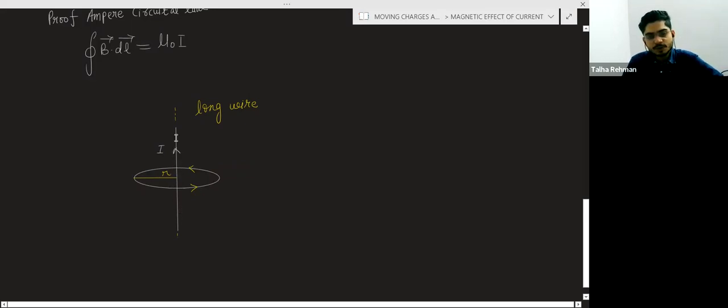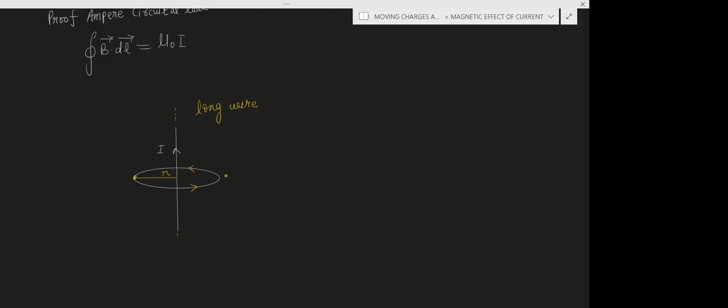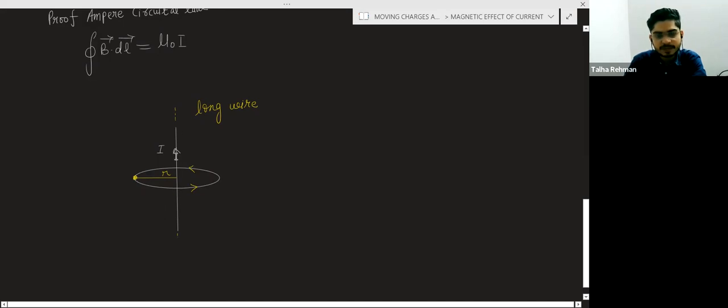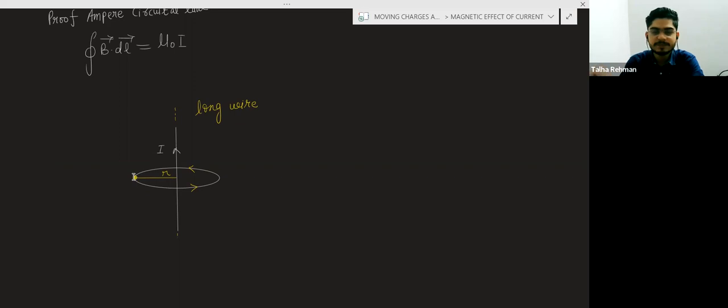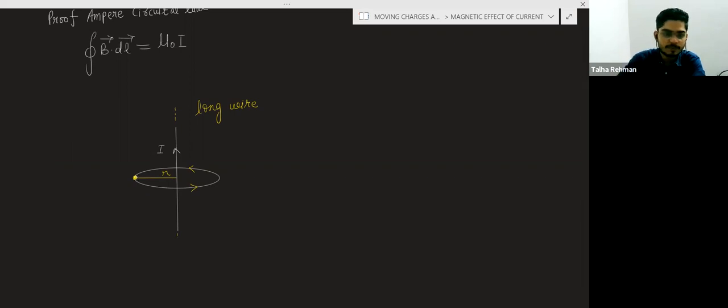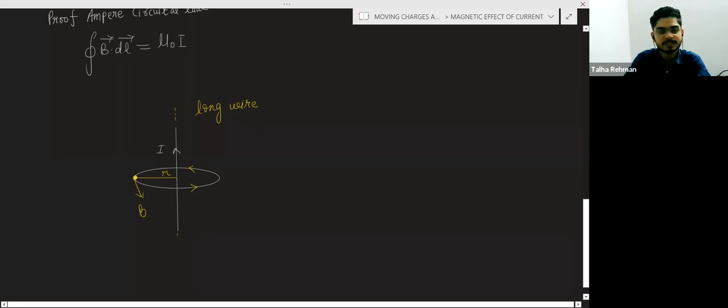Due to this current, suppose I am taking one point here, there will be a magnetic field at this point, because the current carrying wire will generate the magnetic field, as we have discussed earlier in the Biot-Savart law. When you find the direction of the magnetic field at this point by right hand rule, you will get the direction of the magnetic field tangential to the loop.